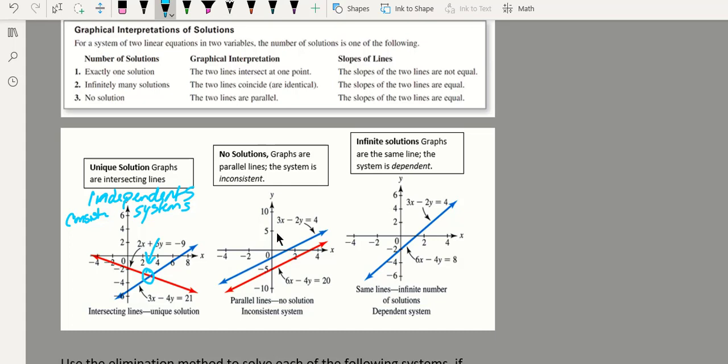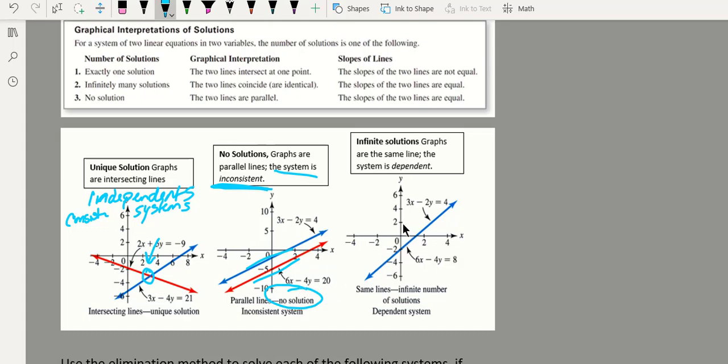If the two equations are parallel, such as these lines right here, then we consider the system to be inconsistent, and it has no solution because they never intersect.